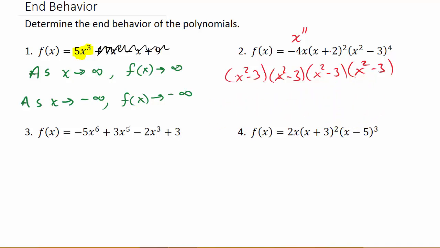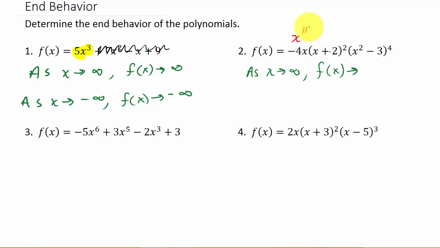Alright, so let's look at this. As x goes to infinity, f of x is going to what? I have a positive number raised to the 11th power. If you raise a positive number to the 11th power, you get a positive number back.